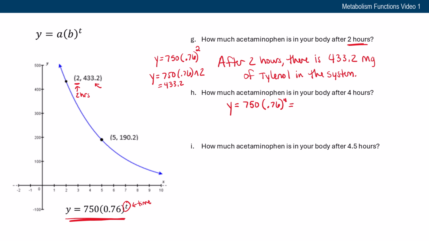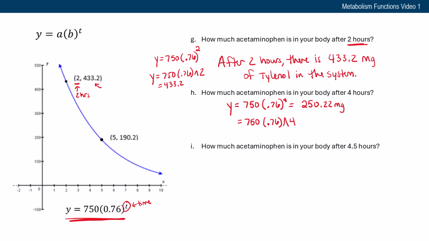Then you plug that into your calculator, and you should get 250.22 milligrams. Again, as you plug it into the calculator, make sure you do 750, parenthesis, 0.76, parenthesis, caret 4. And that's how you can plug it in.